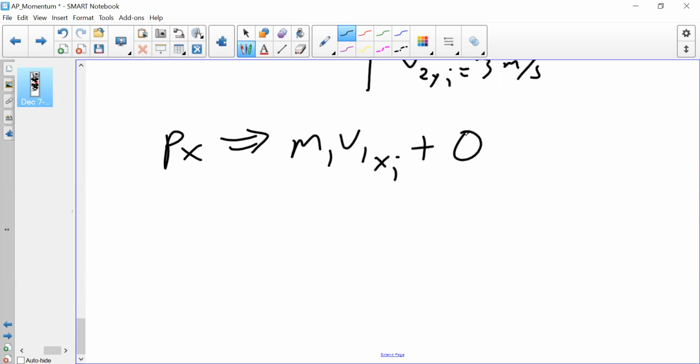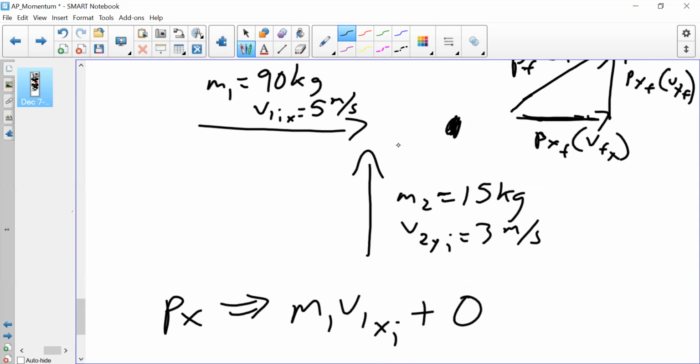I'm saying M1 is the running back, so all the momentum in the X direction is held by the running back. And the linebacker doesn't have any momentum in the X direction, just Y. And so there's not going to be a Y term for the first guy.